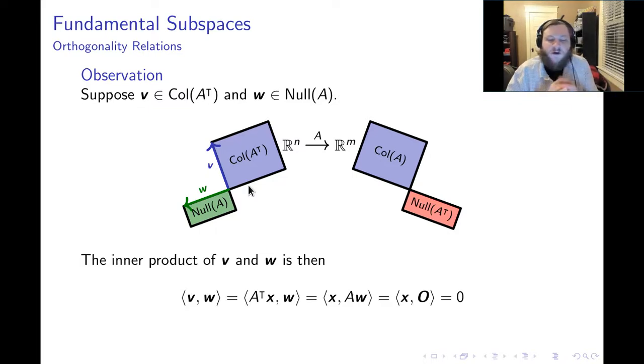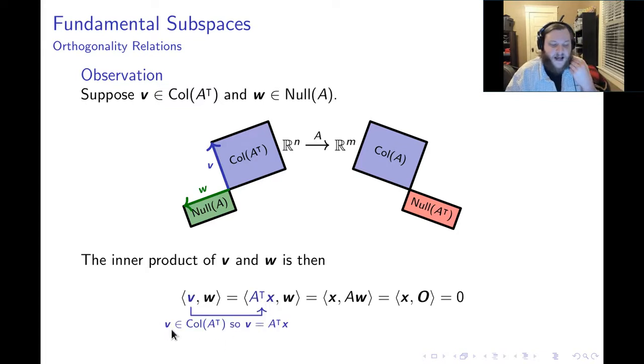What I'm going to do now is take an inner product of these two vectors. So let's look at the inner product of v, which again came from the row space, and w, which came from the null space. So I have my first equal sign here, and here what we're declaring is that v is equal to A transpose times some vector x.